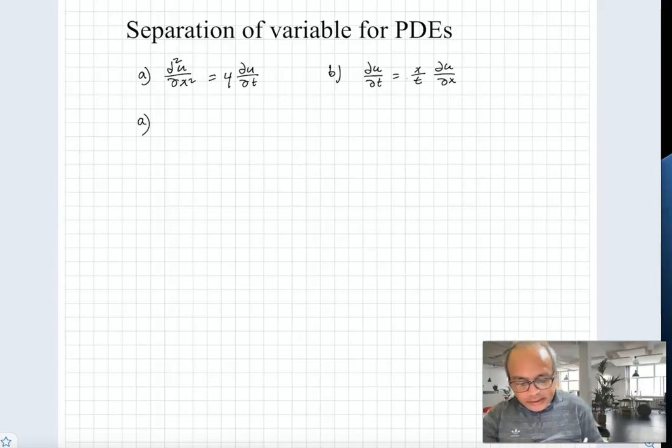A, let's rewrite this. du/dt equals 1/4 d squared u/dx squared.